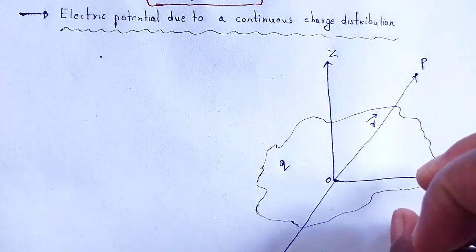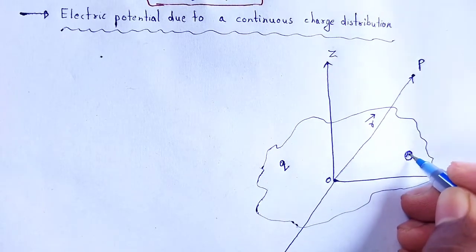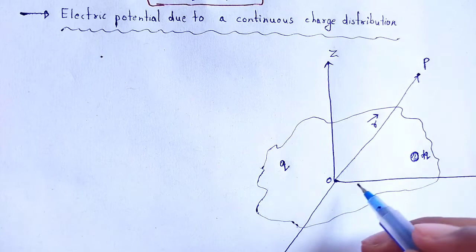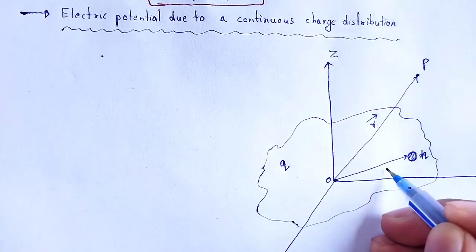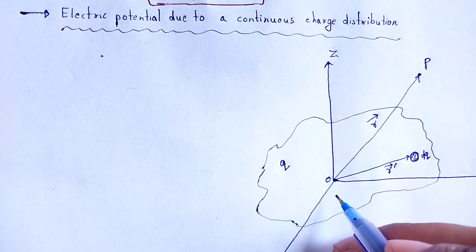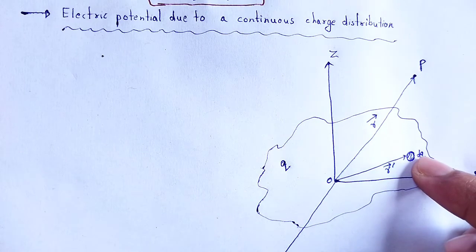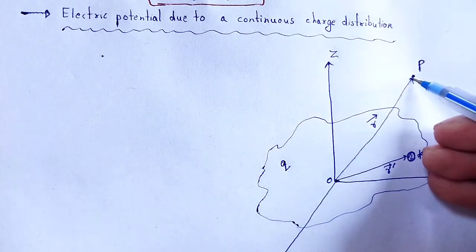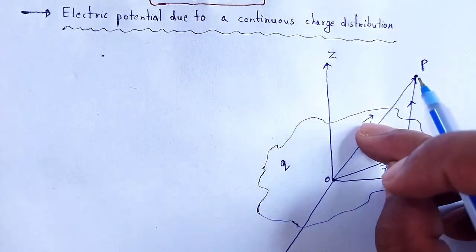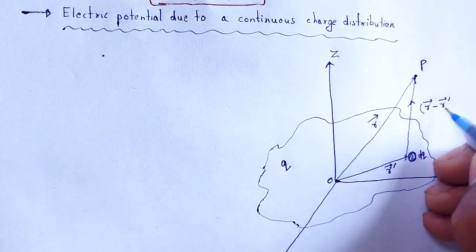Let us consider a small element having the charge dq, with the position vector r dash from the origin O. The displacement vector from the charge dq to the point P will be the r vector minus the r dash vector.